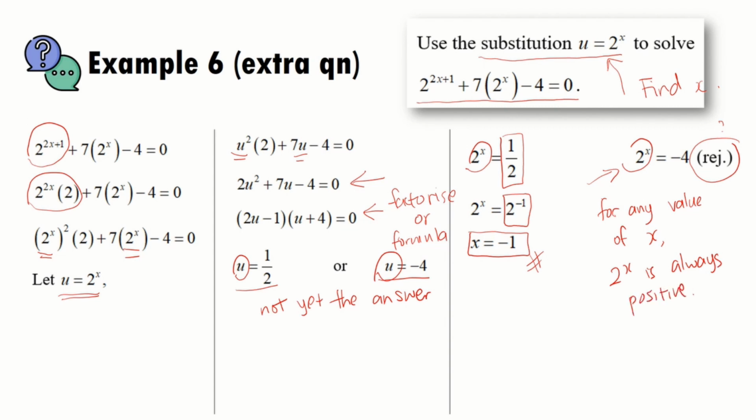So because 2 to the power of x is always positive, it can never be equals to negative 4. Hence, this equation can never be solved. Therefore, we reject the answer. So in this question itself, we have the answer x equals to negative 1. I'd like to emphasize that although we are rejecting 2 to the power of x equals to negative 4, we still need to show this part of the working as well.